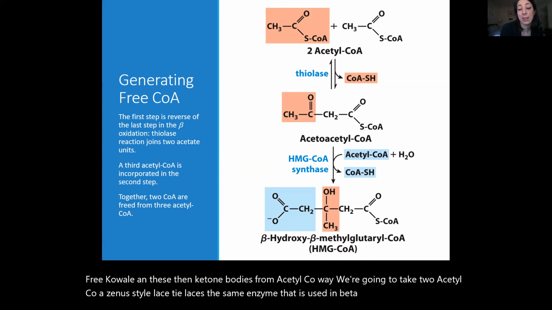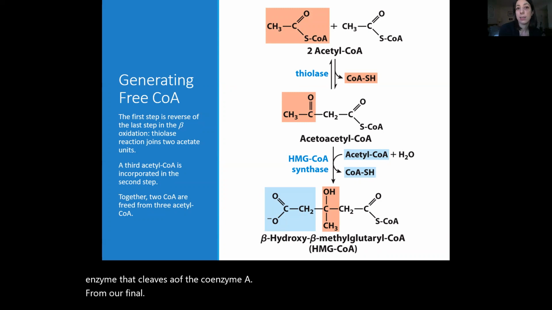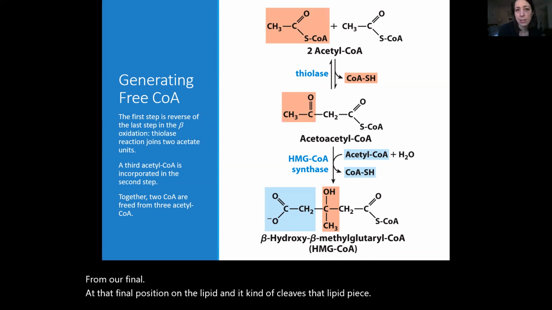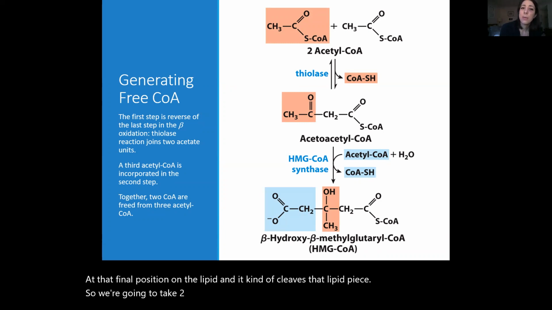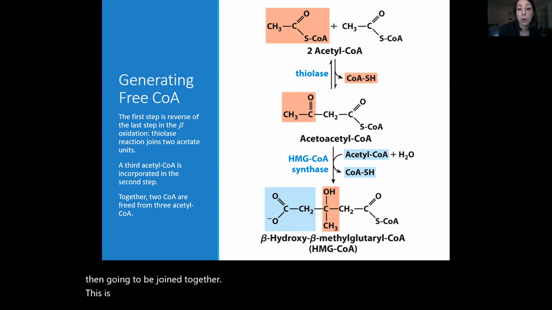It's that last enzyme that cleaves off the coenzyme A from that final position on the lipid, and it cleaves that lipid piece. So we're going to take two acetyl-CoAs, cleave off one of the coenzyme As, and these are then going to be joined together. This is called acetoacetyl-CoA.